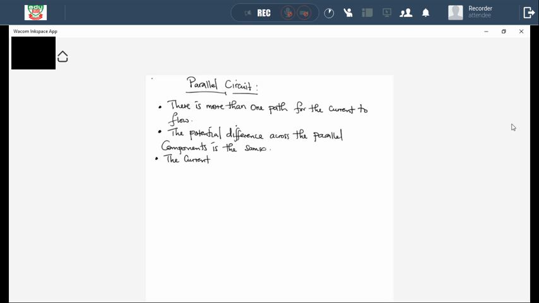The current divides according to the resistance, right? You underline the resistance there, of each resistor, or according to the resistance of each pathway, of each path.